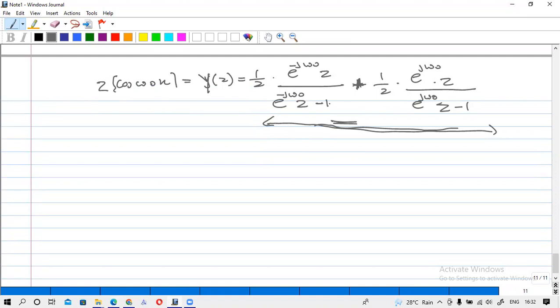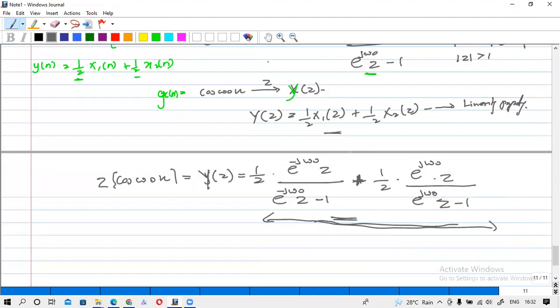For any design, let's say a filter design, we definitely have to simplify this up to some level. In that case, you have to do this.